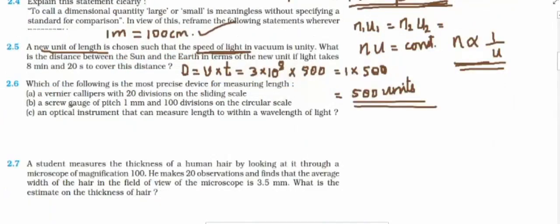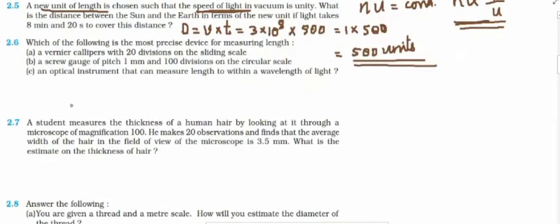Now question 6, which of the following is the most precise device for measuring length? A vernier calipers with 20 divisions on the sliding scale. 20 divisions on the sliding scale means we can understand 1 millimeter is divided into 20 parts.